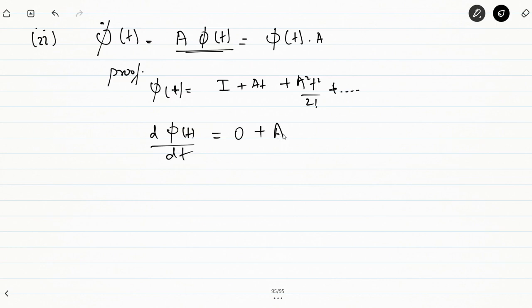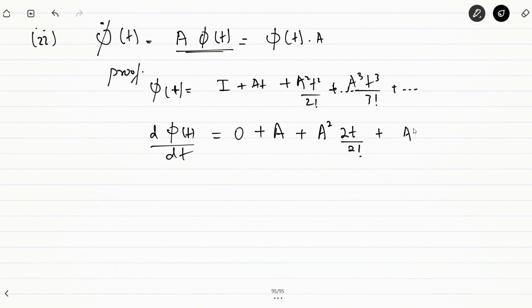So this means only a plus a square t square divided by 2 factorial. A square is a constant, t square का 2t divided by 2 factorial plus ऐसे इसके बाद a cube t cube divided by 3 factorial है.